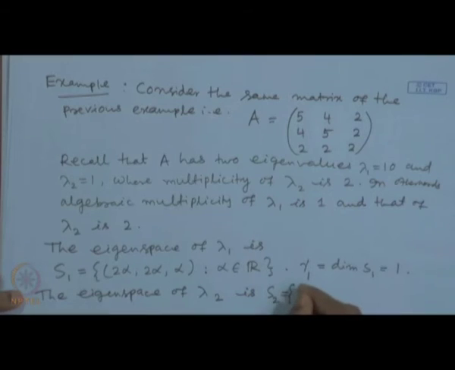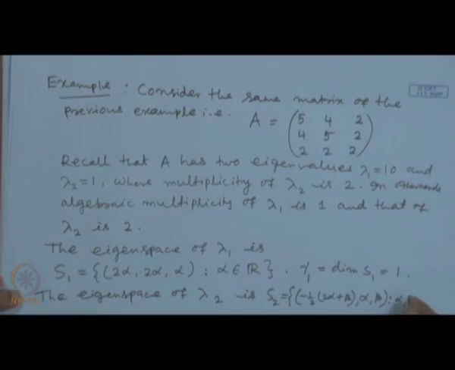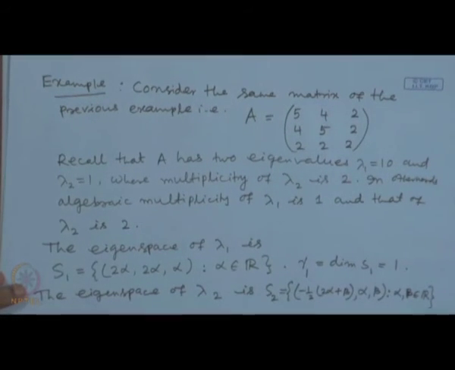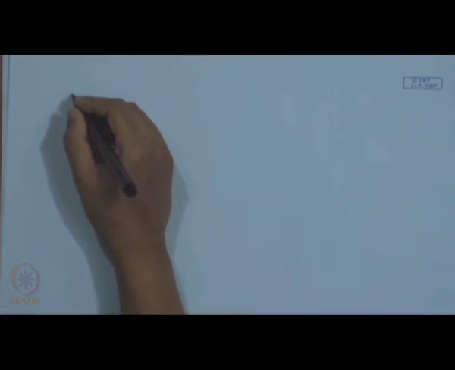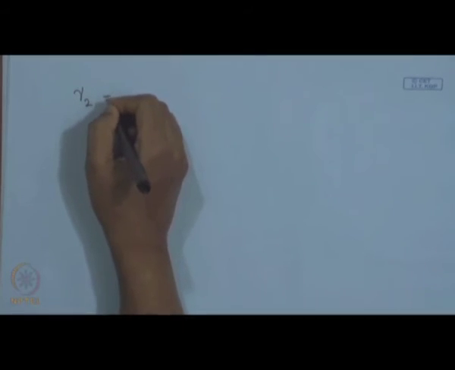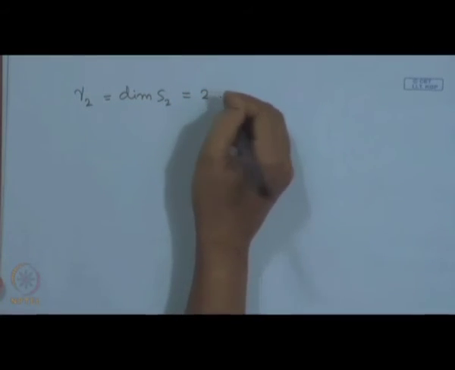It consists of minus half into twice alpha plus beta, alpha, beta, where alpha, beta are real numbers, and the dimension of S2, that is the geometric multiplicity gamma 2 of lambda 2, is equal to 2.